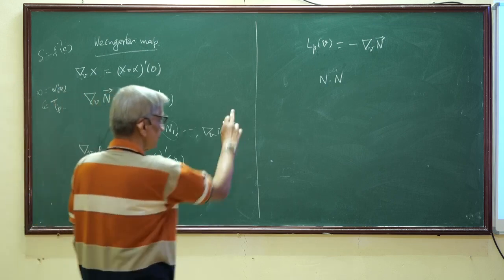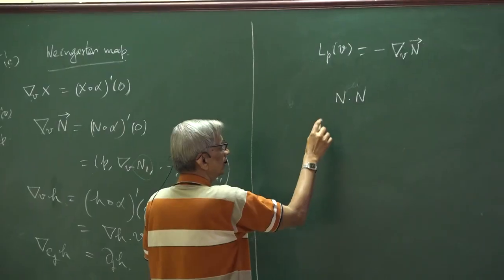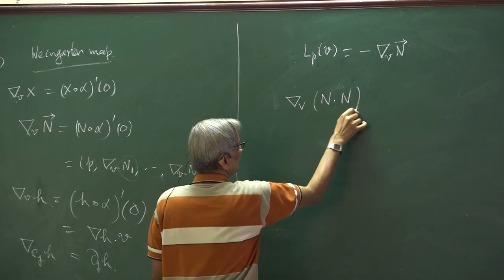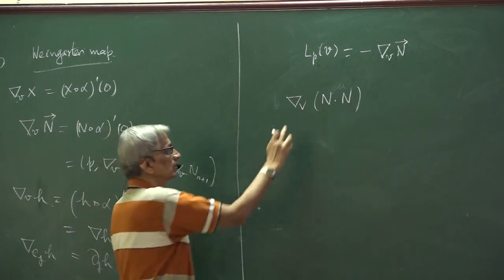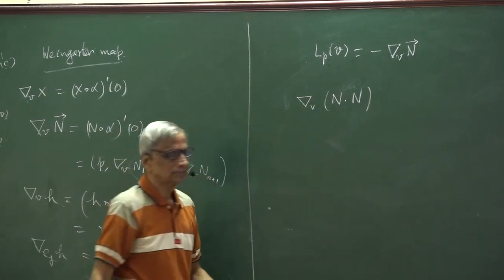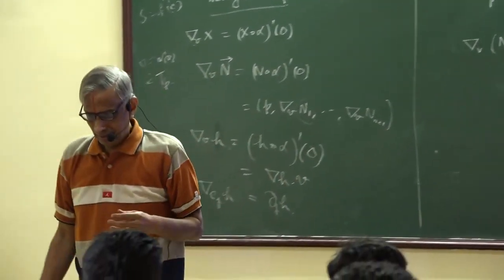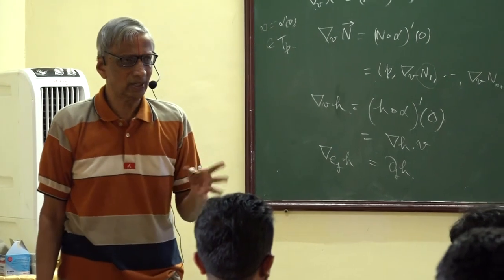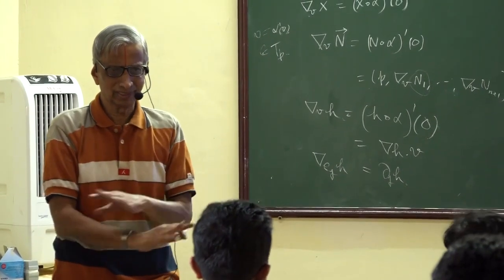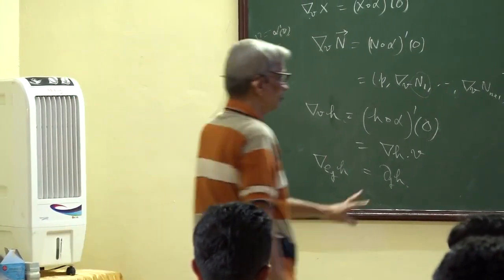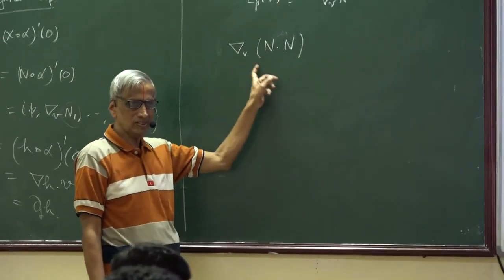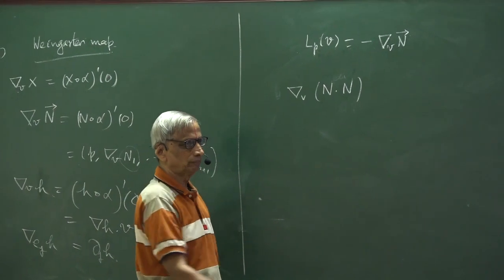So what is its derivative? How do you differentiate a dot product? Usual product rule kind of. So derivative of this dot that plus this dot derivative of that.